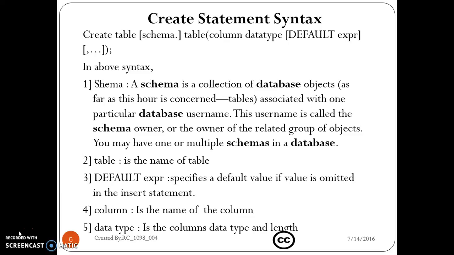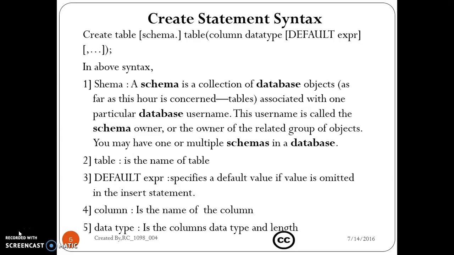CREATE TABLE schema.table (column data type DEFAULT expression). In the above syntax, a schema is a collection of database objects. As far as this course is concerned, we are only concerned with table objects associated with one particular database username. This username is also the schema owner, or the owner of the related group of objects.